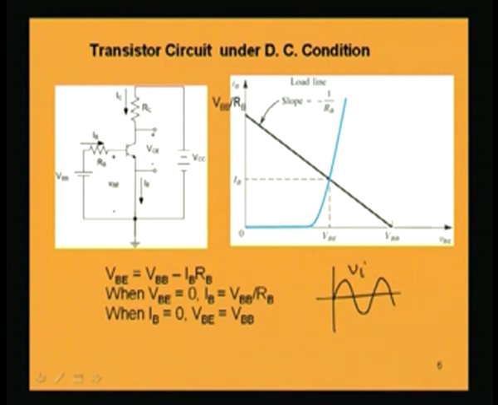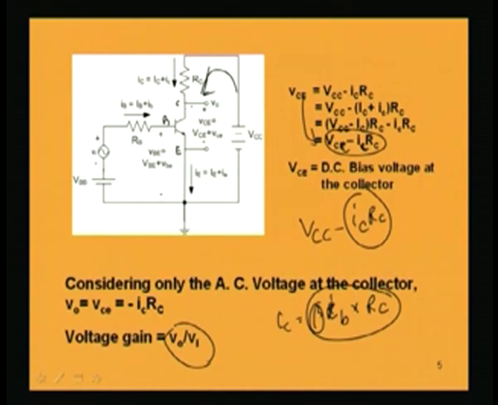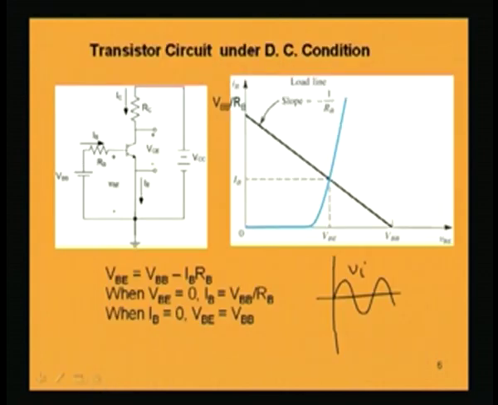The output which we will be getting at this collector point, that is V naught with respect to ground, if we see it in the oscilloscope, I must get a voltage which is exactly the same shape as the input voltage, but magnified.